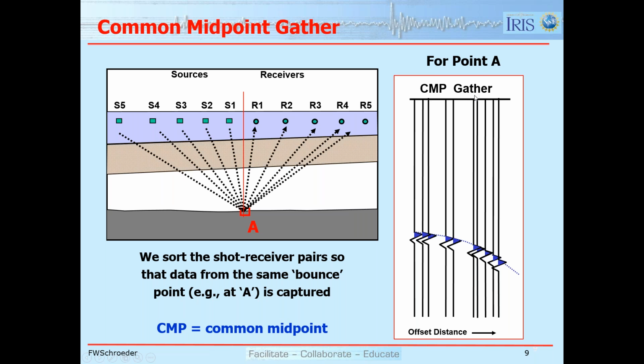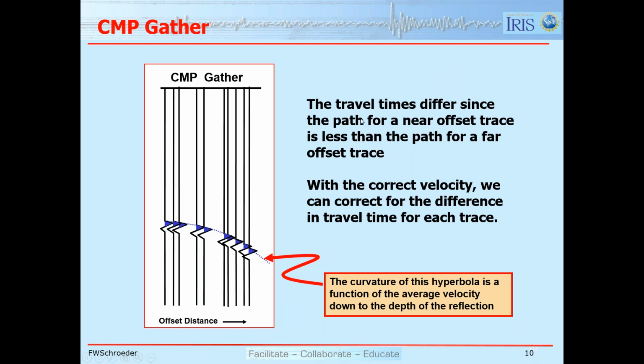And so this is a common midpoint gather, a collection of the shot-receiver pairs associated with the red box A. And again, we see that everything is hyperbolic because the time for shot 1 into receiver 1 will be less than shot 5 into receiver 5, because the component of lateral distance increases as the offset angle increases. So we have a CMP gather.